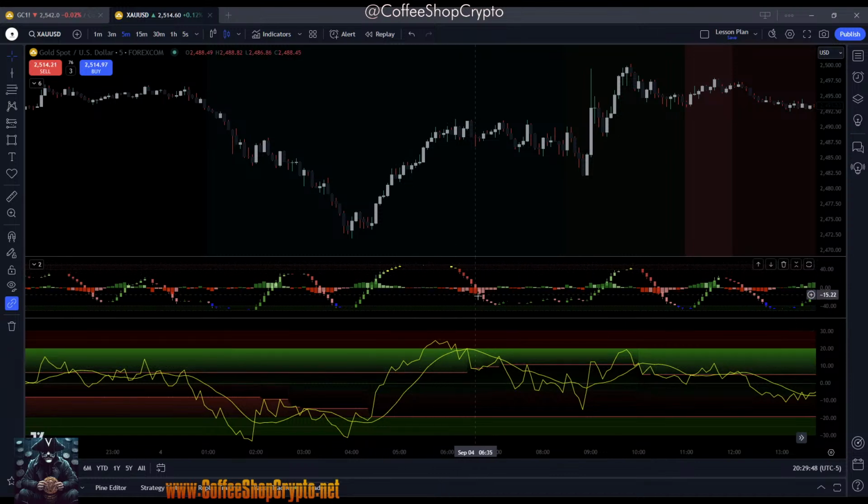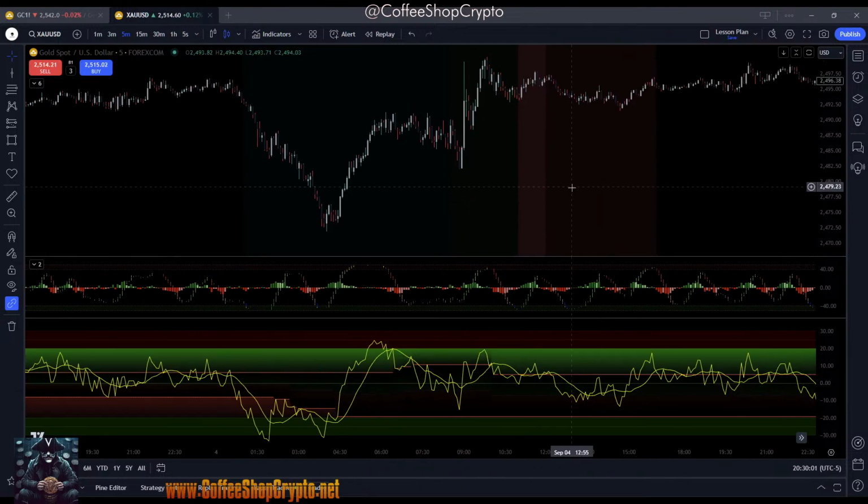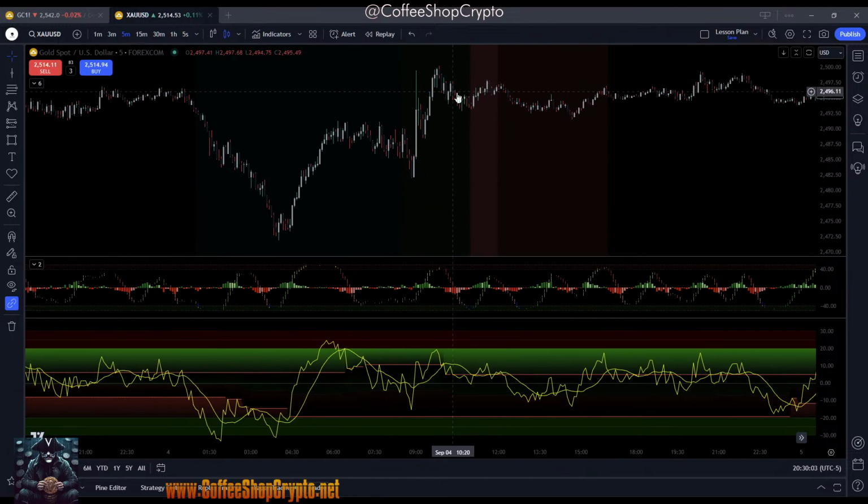Pulls down, does not meet the buy side. So you're not taking buys yet. You're going to start again looking for shorts. After it meets that high right here and pulls out of the buy zone, take your short, and then analyze this.